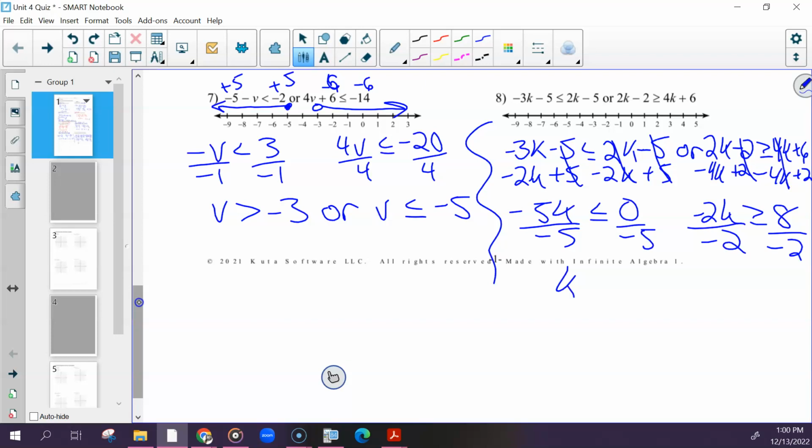We have k is now greater than or equal to 0, and k is less than or equal to negative 4. So both of these would be closed. One at negative 4 going to the left, and one at 0 going to the right.